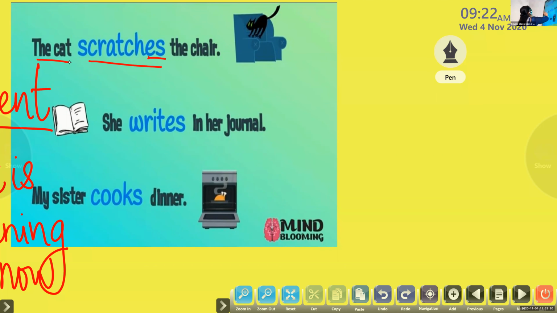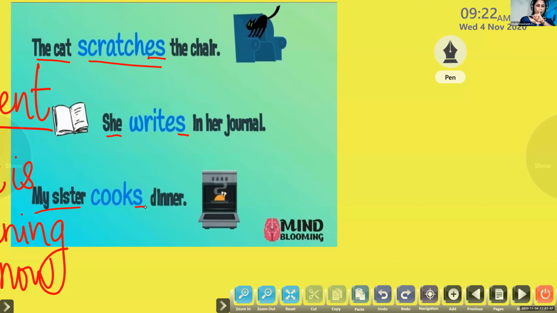Okay, so here, since the subject is singular, we have to add s to the verb. Writes. She writes in her journal. My sister. Here the subject is singular, so we have added s to the present form of the verb. Is that clear? If you're writing the present form of the verb, please see the subject. If the subject is singular, singular means one.